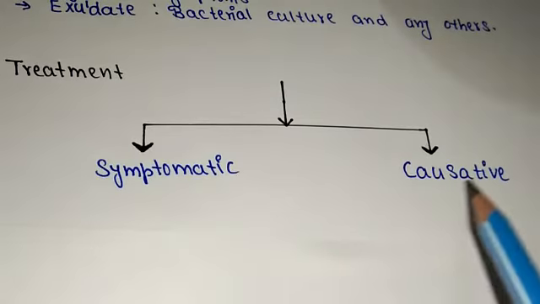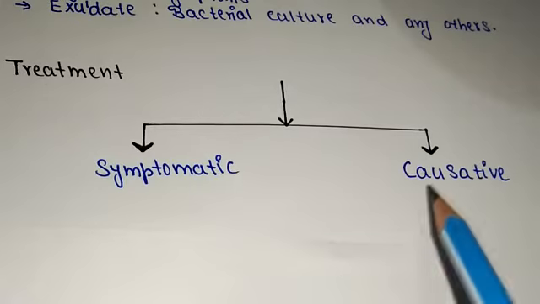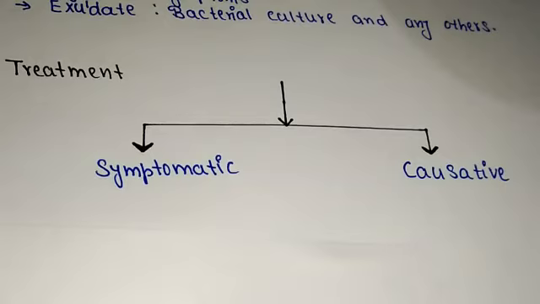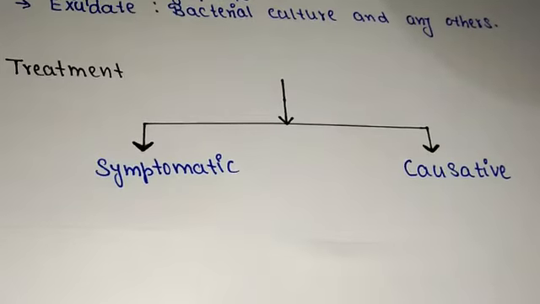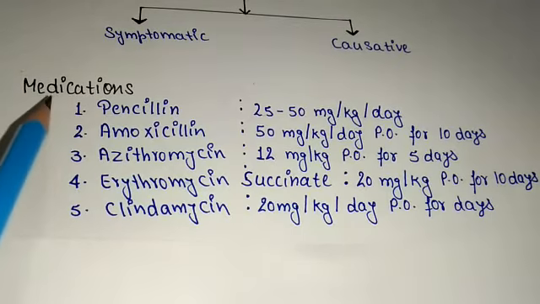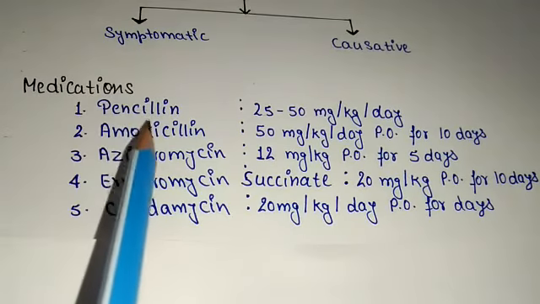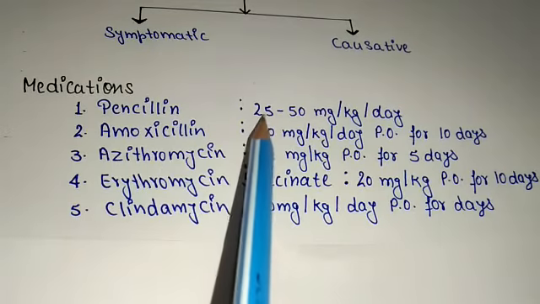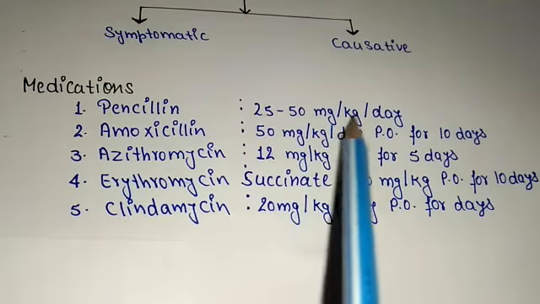And next is causative treatment, related to the bacterial species. For bacterial species we can provide penicillin, and macrolides are used in this condition to treat tonsillitis. In tonsillitis, medication can be given. First is penicillin. Penicillin can be given at 25 to 50 mg per kg per day.